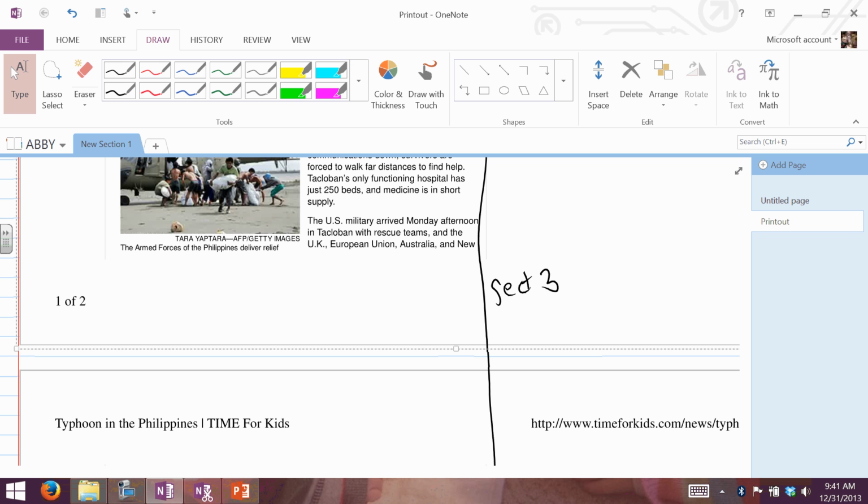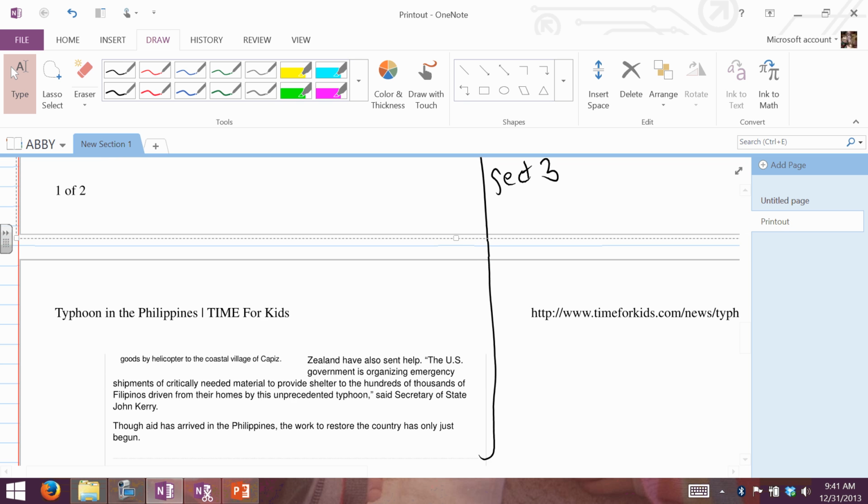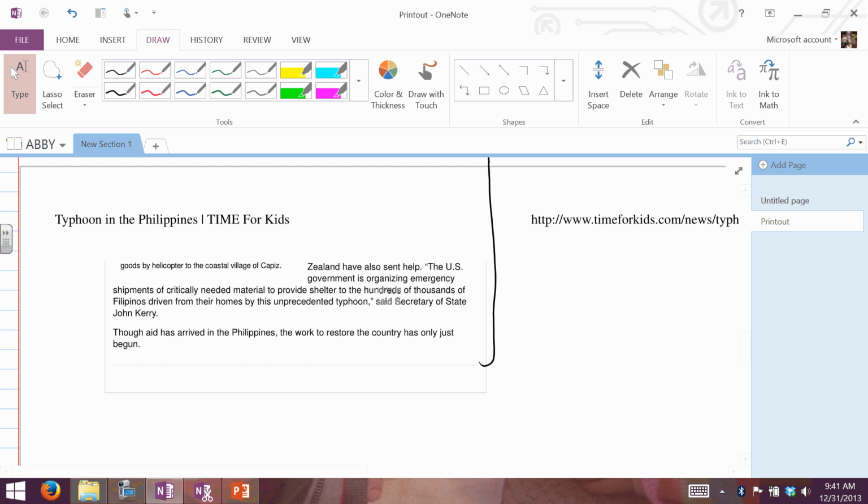The U.S. military arrived Monday afternoon in Tacloban with rescue teams. The United Kingdom, European Union, Australia, and New Zealand have also sent help. The U.S. government is organizing emergency shipments of critically needed material to provide shelter to the hundreds of thousands of Filipinos driven from their homes by this unprecedented storm, said Secretary of State John Kerry.